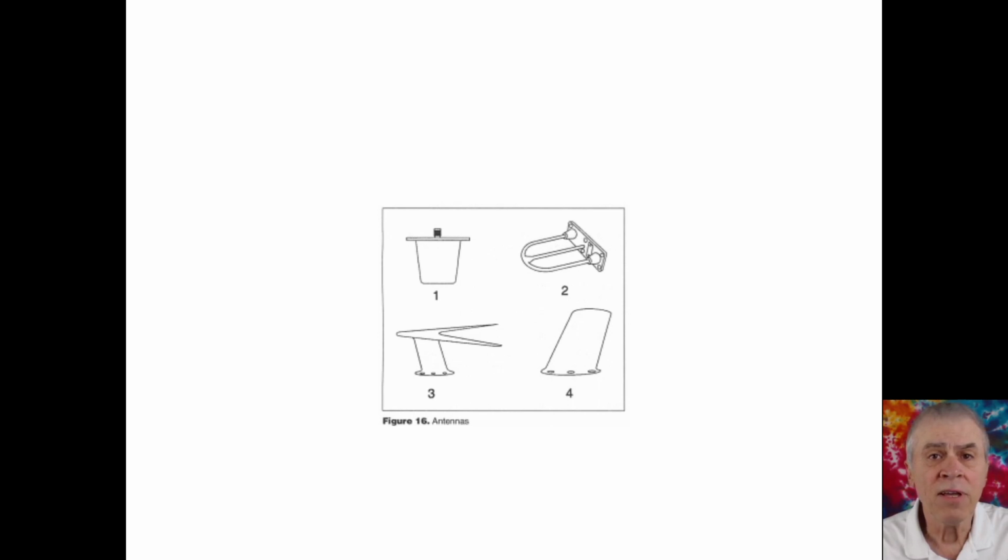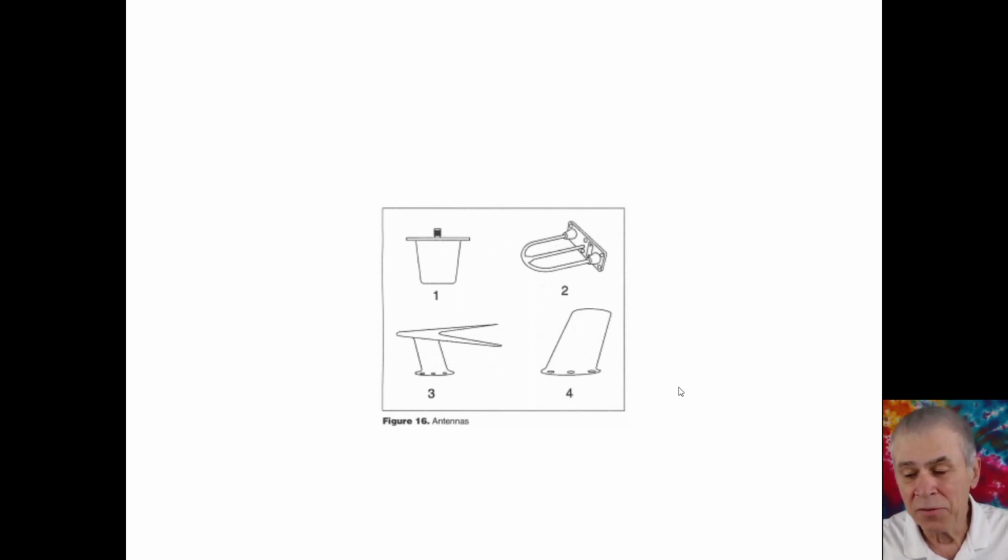And figure 16, we've already seen it in two of the prior questions. We saw it in number 2, which was our glide slope. And we may have seen 4. Of course, 3, our boomerang, is going to be our VOR localizer. 1 and 4, they could be a number of things.